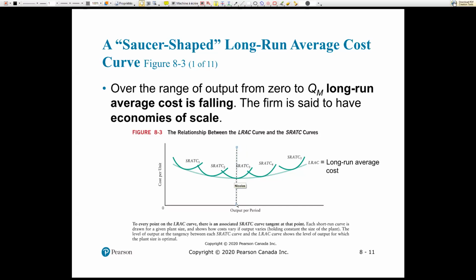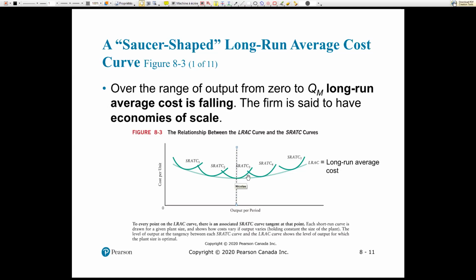That's the long-term optimal value of my output, at the lowest point on my long-run average cost curve. And then if all of a sudden something happens in the short run, what does that mean?